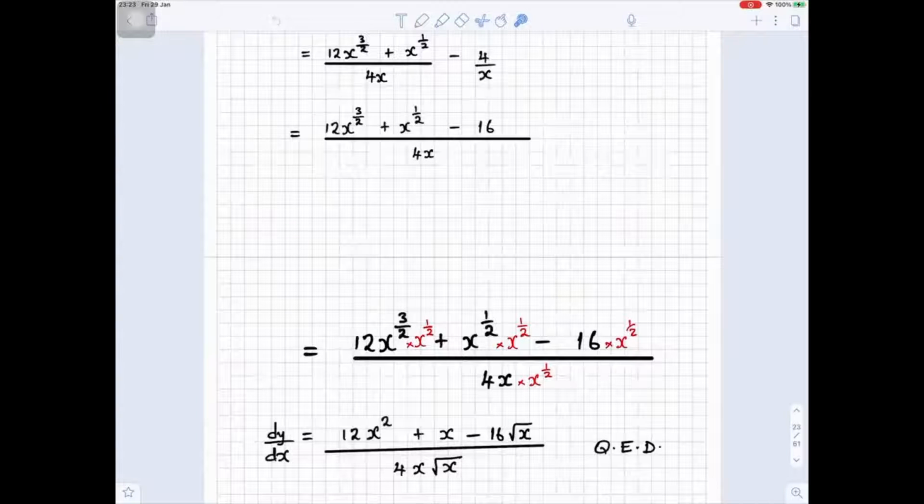So that is what you would get. And when you add 3 over 2 plus a half, it's like 1.5 plus a half, that gives you 2, which is x squared. So you've got dy over dx to be 12x squared plus x minus 16 root x over 4x root x. Quod erat demonstratum, as required to show.